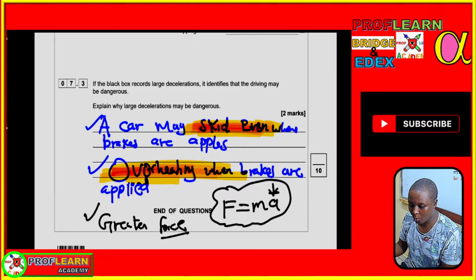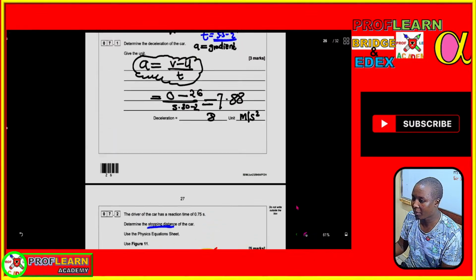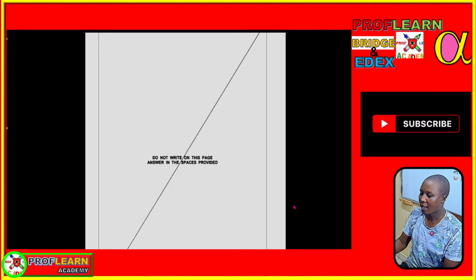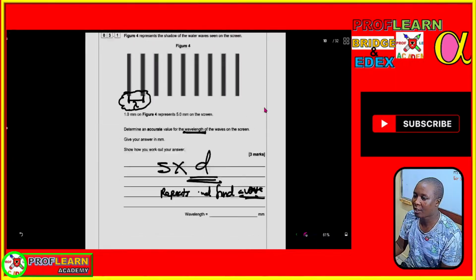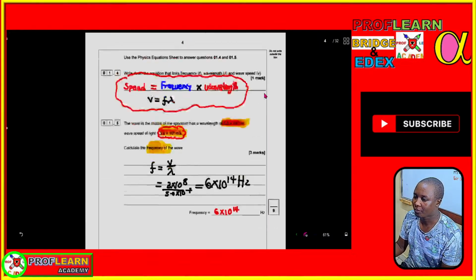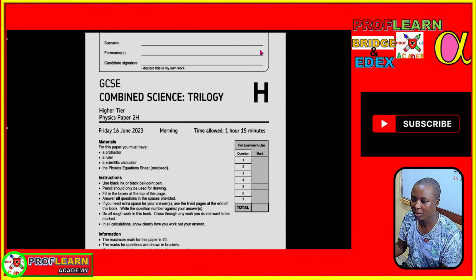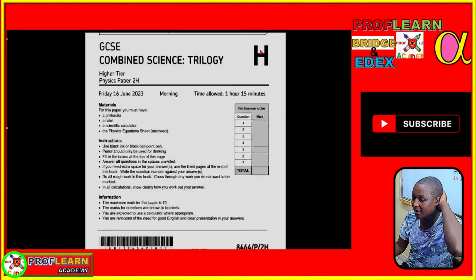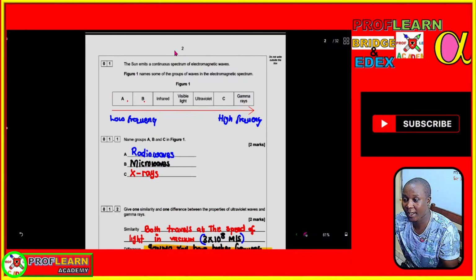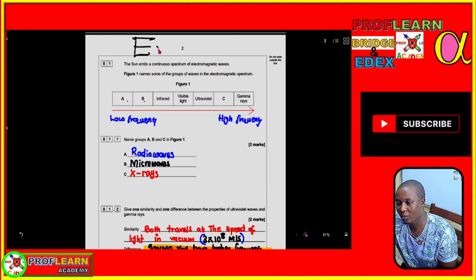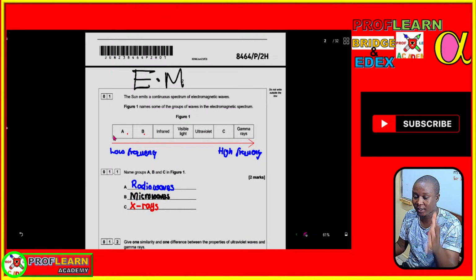So guys, we were having a walkthrough of questions that you need to prepare on, how to answer different questions as far as AQA physics is concerned. And this paper that we have done here is the AQA paper of June 2023. So that is the Trilogy paper, combined science. We have discussed different aspects, and the topics that were prominent here is electromagnetic waves, where we talked of the way the waves are arranged. You need to understand the order of the waves.